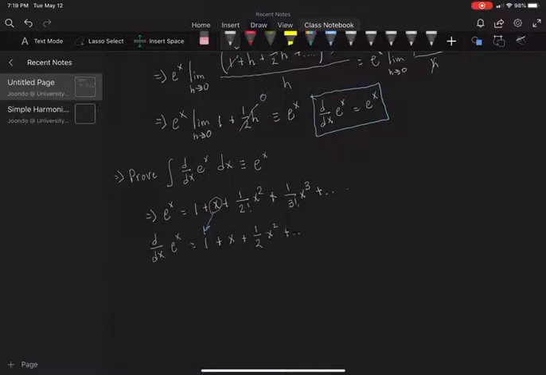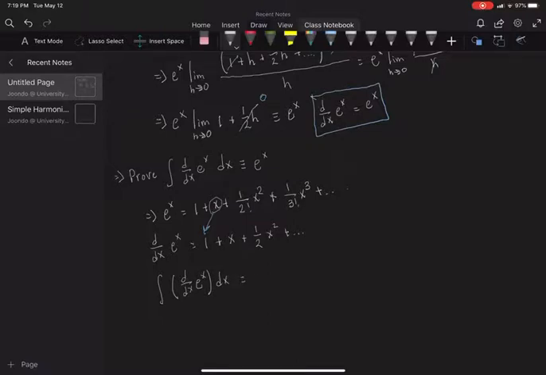So if you integrate the derivative of e to the x, what do we get?